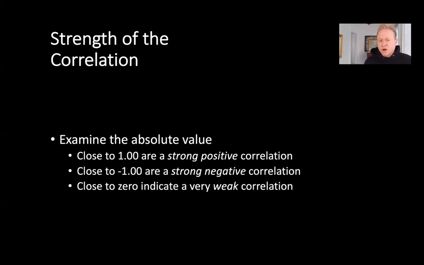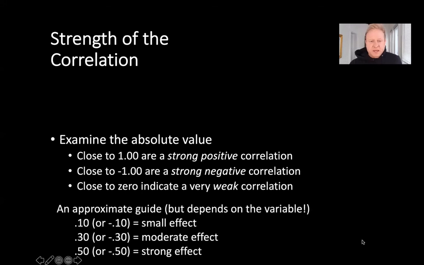But if it's close to 0, that would be a very weak correlation. So that could be something like the more the sun shines, the higher my GPA. And when we try to do a correlation analysis, putting the formula into Excel, and we get a really low number like 0.05, the weather doesn't really mean much about what happens to my GPA. So here's a quick little guide to take a look at the variable.